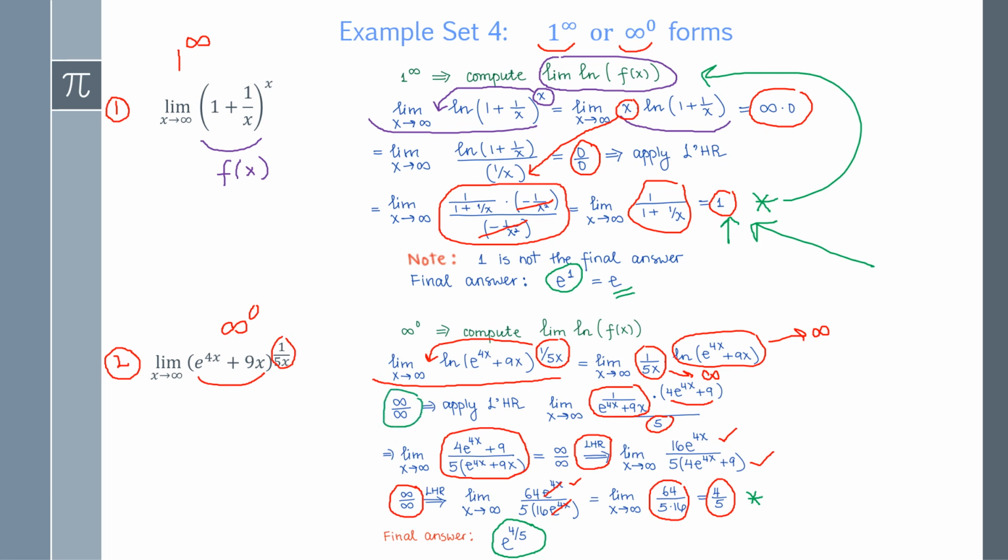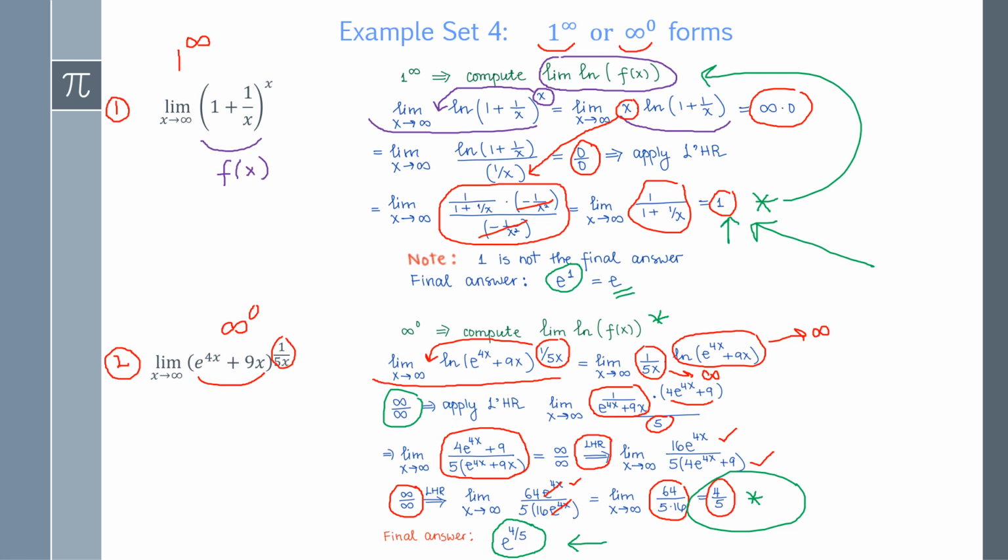There's a lot of stuff going on here, so we have to be especially careful when solving these types of problems. We apply L'Hopital rule here 3 times. And at the end, the final answer is e to whatever you get over here. And that is to undo this first step where we took the natural log of our function.